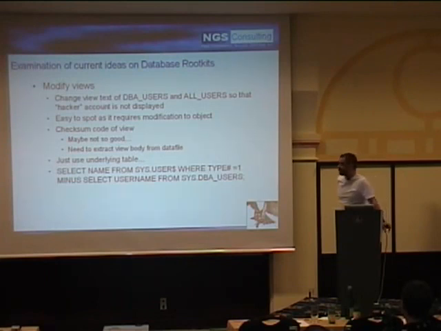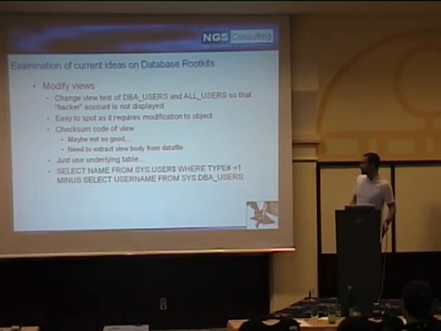If the attacker is that advanced, they can modify the database server such that when someone does a check on the code of the view, for example, using the DBMS_UTILITY package to create the checksum, they just need to modify that and fire back whatever they want you to see.